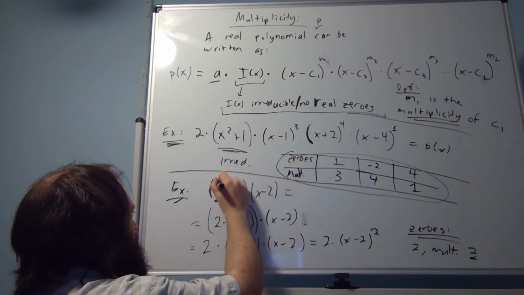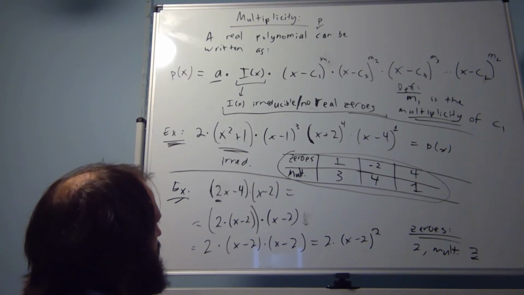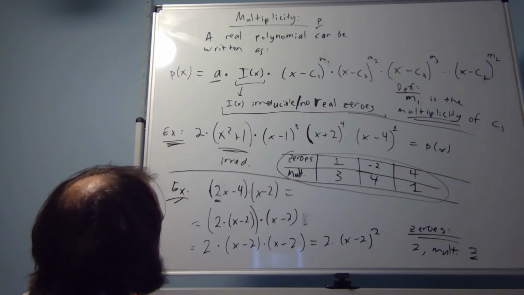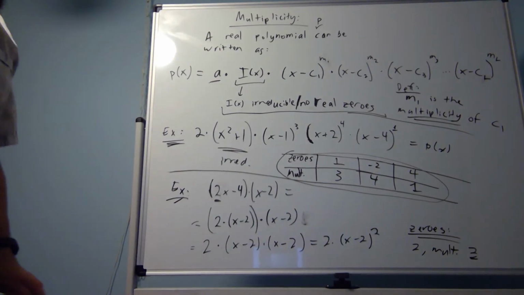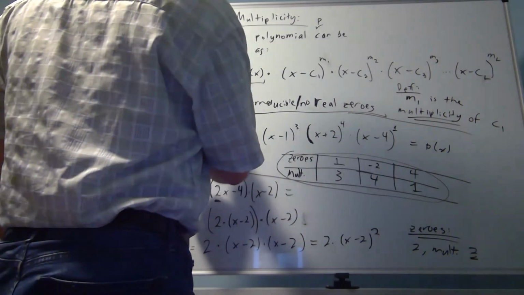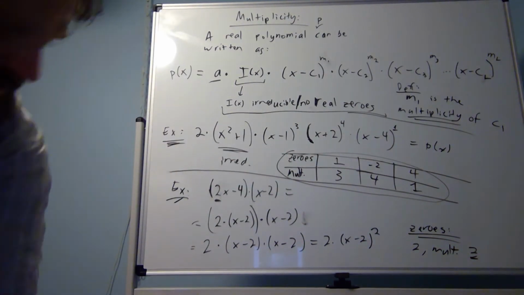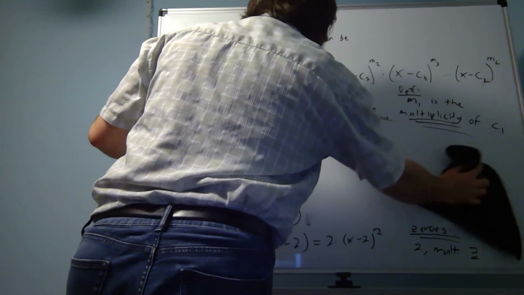So that's one where you can get tripped up, and you sort of have to be careful about that. And if it means that you have to deal with fractions, you still need to be careful about it. So let me give you one more.